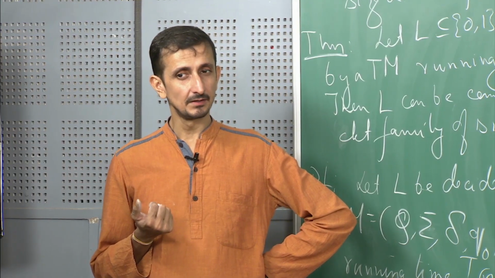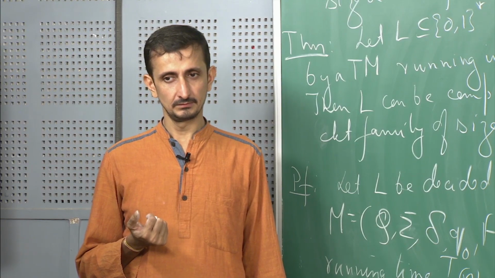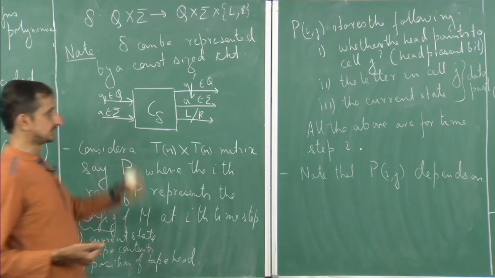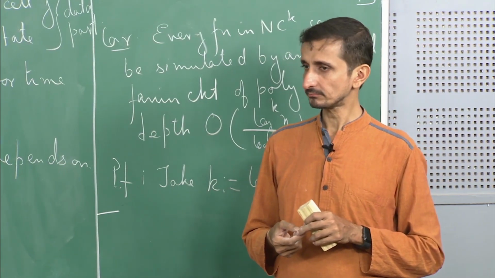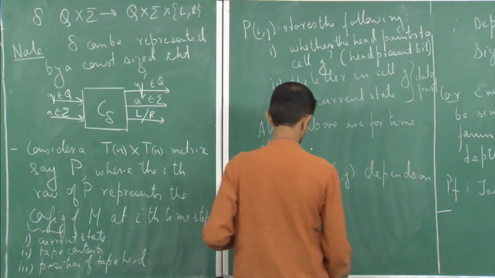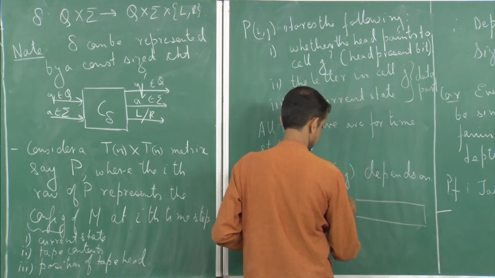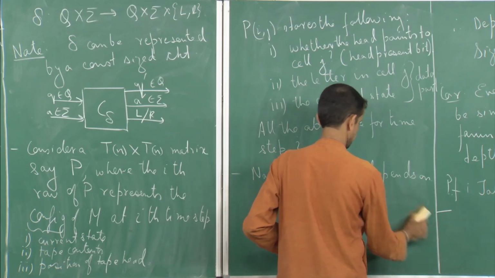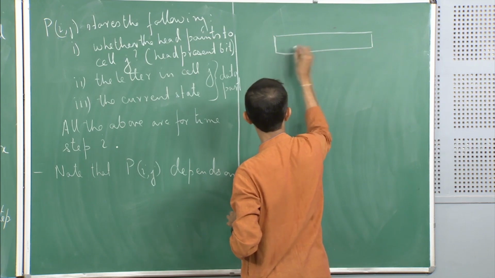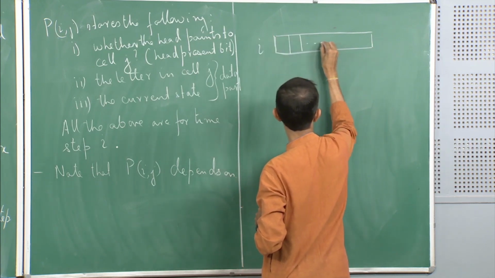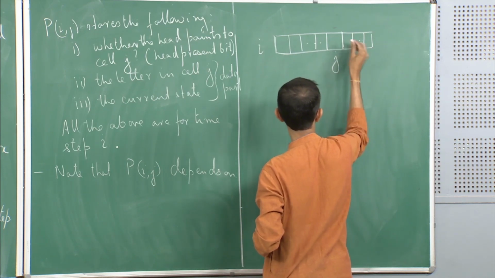Pi minus 1, that is the previous row, and so in terms of the matrix, Pij will depend on which cells of the matrix? If I draw a picture, let us say this is my ith row, and this is my jth, so this is my Pij.